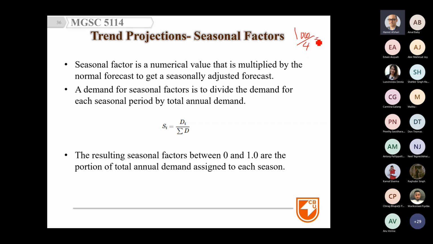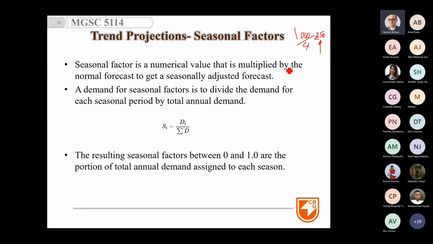So how much will it be? 250. But do you believe this is the correct forecast for each season? No, sir, this is not correct. So what should I do to make sure that demand is accurately divided across seasons?